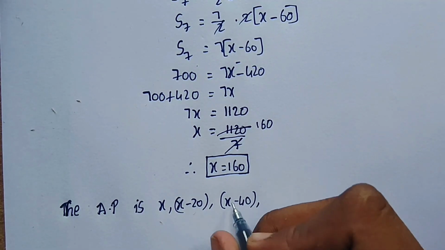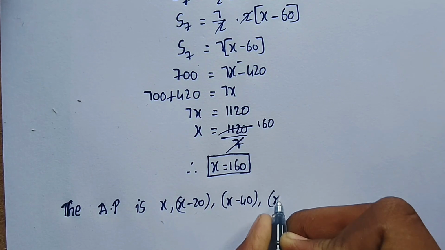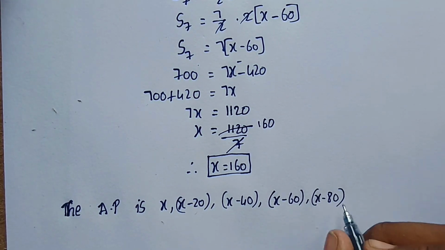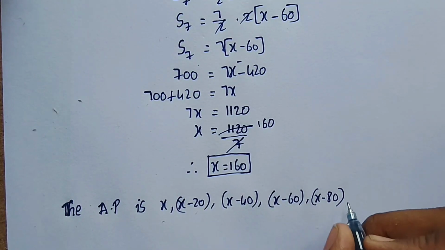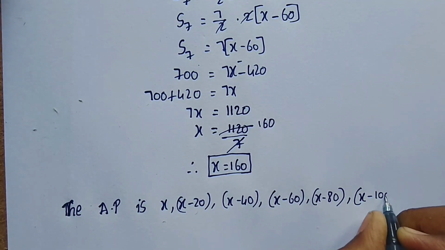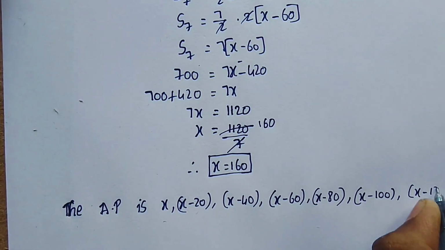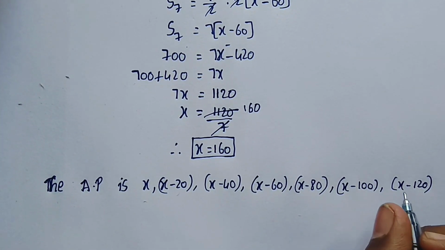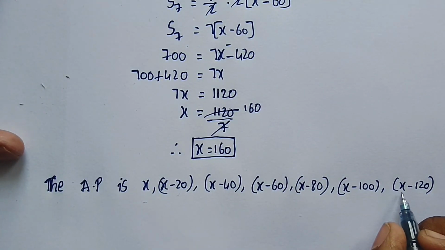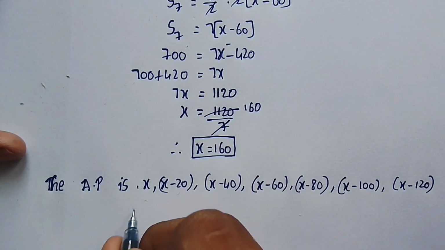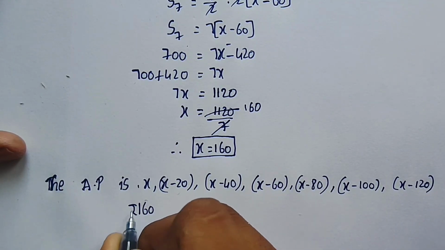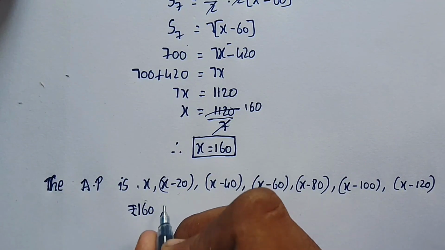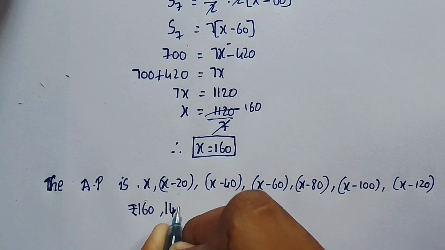The fourth prize will become x minus 40 minus 20, that is x minus 60, then x minus 80, x minus 100, and x minus 120 is the last prize for the 7 students for their academic performance. So the value of x is 160 rupees. 160 minus 20 means 140.